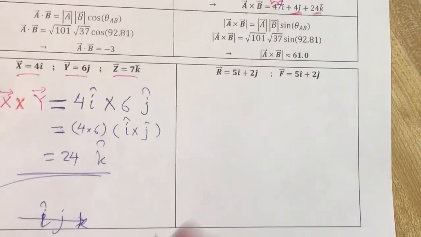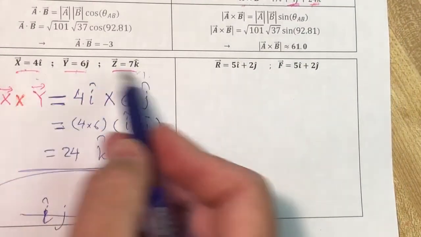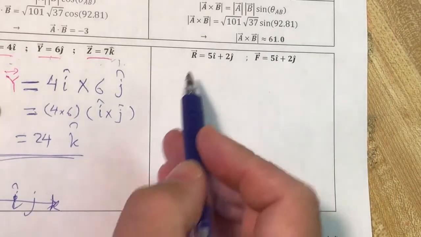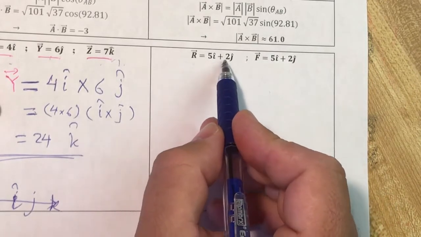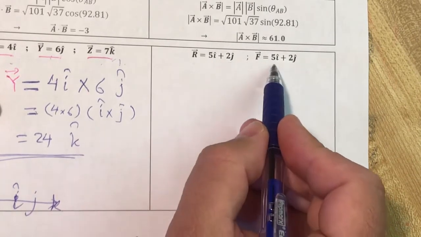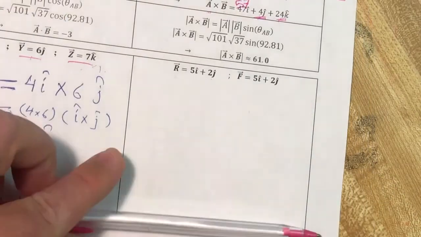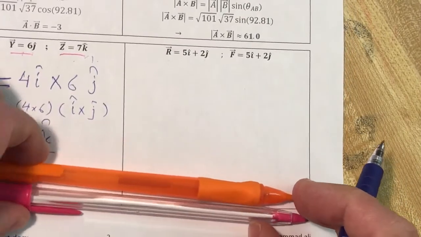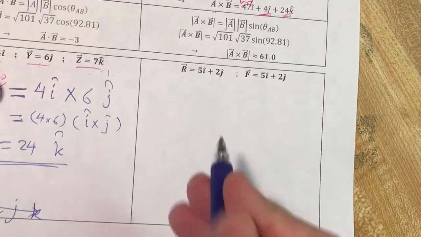For these vectors, you can do any cross product between them. Look at these vectors R and F: 5I plus 2J, and 5I plus 2J. They are two vectors with the same length and the same direction. What is the cross product between them?